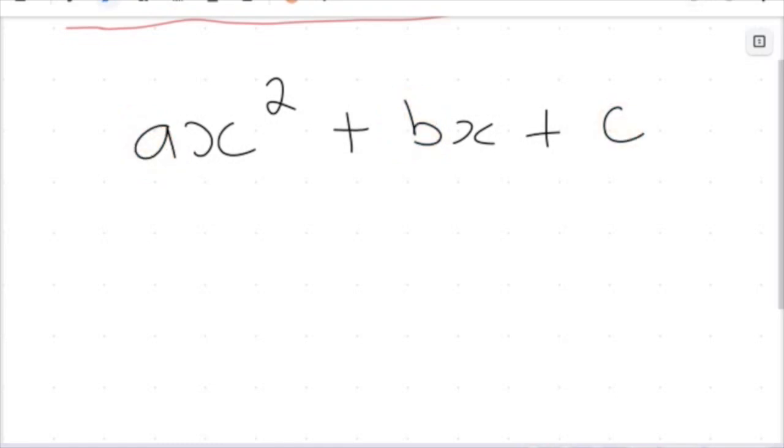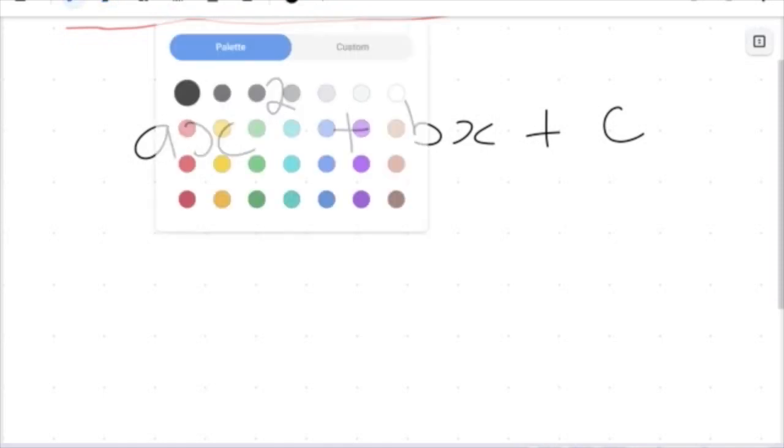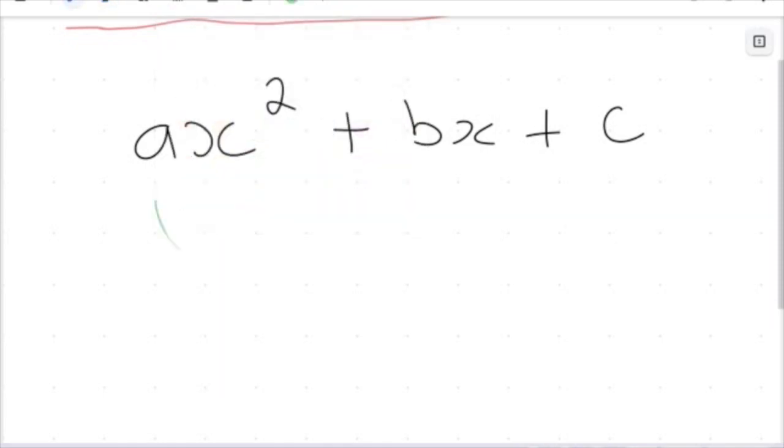And for quadratic expressions, one particular thing with all of these is that our coefficient of a cannot equal 0. If a equals 0, that totally kills my x squared, and this ceases to be a quadratic.